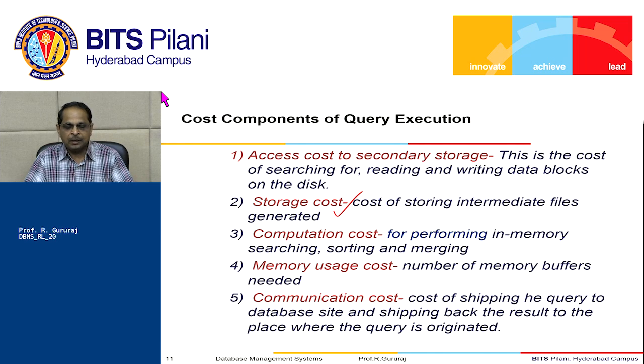Then lastly, the communication cost. If a query is submitted by some client which is connected to the server through some network, then there is the cost of shipping the query to the database site and then shipping back the result to the place where the query originated. This also is a significant component in computing the cost of execution of a query.